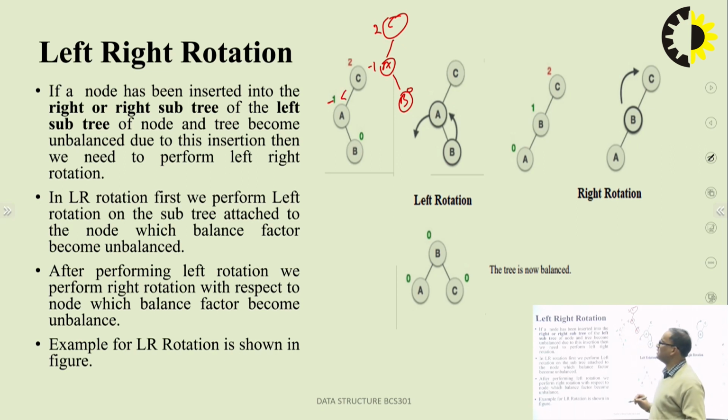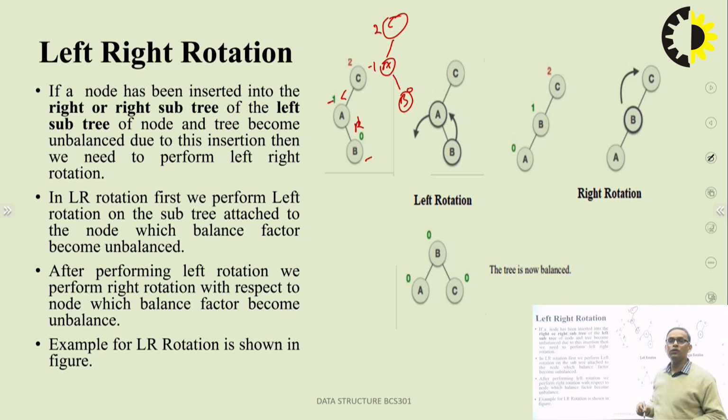The left subtree of C is A, and in the right of A we insert B, and the tree becomes unbalanced.